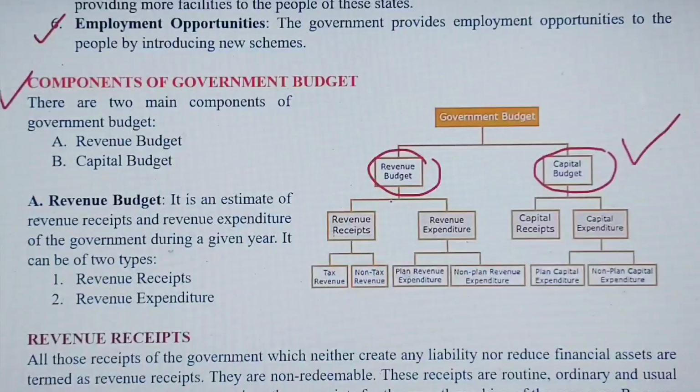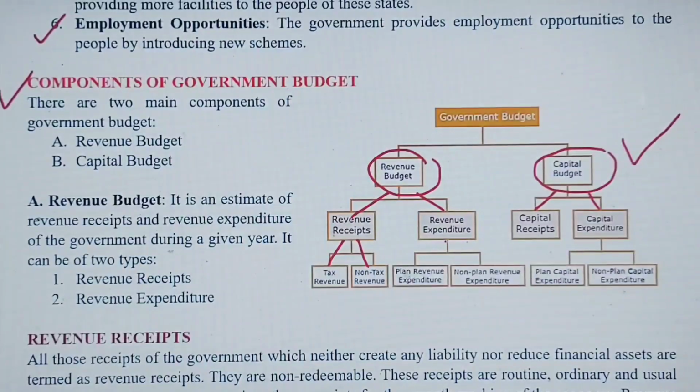Again, revenue budget is divided into two parts: revenue receipt and revenue expenditure. And in the same way, capital budget is divided into two parts: capital receipts and capital expenditure. Now again, we can divide this, like revenue receipts can be divided into tax revenue and non-tax revenue.